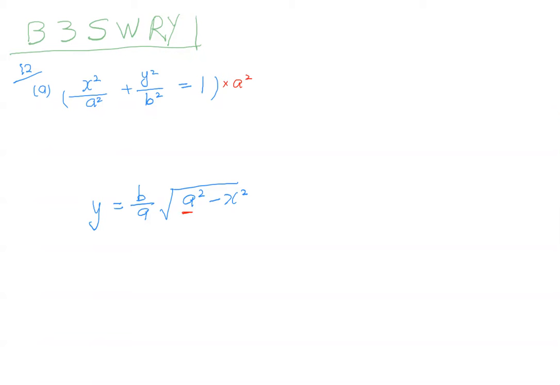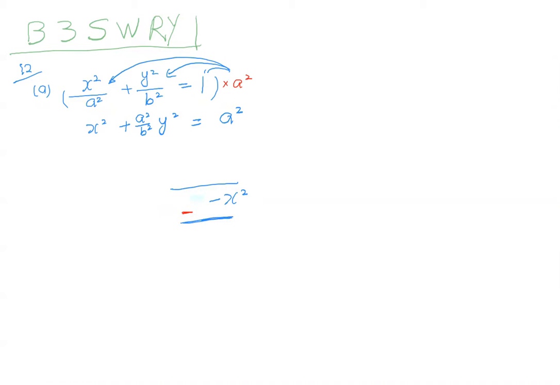So I will write x squared plus a squared over b squared times y squared is equal to a squared. See or not? Everything times a squared. I base on what they want me to prove and decide what to do. So I erase this off.